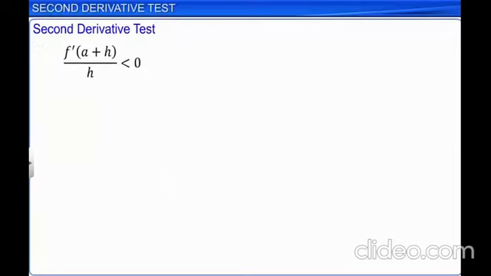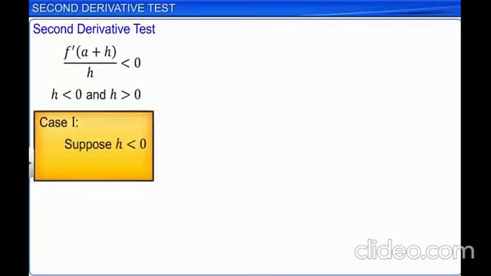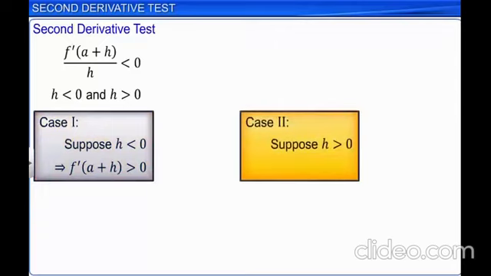Suppose the value of h is negative, then the first derivative of f at the point a plus h should be positive. Suppose the value of h is positive, then the first derivative of f at the point a plus h should be negative.